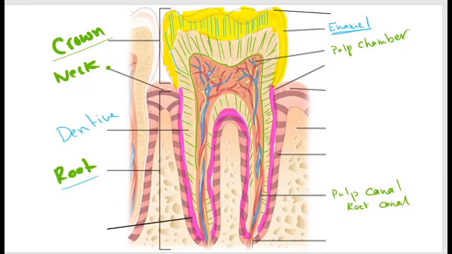So the pulp chamber is the part of the pulp that is found in the crown part. We know that this is the crown, and the pulp chamber is the part of the pulp found in the crown. The pulp canal or the root canal is the part of the pulp that is found in the root area of the tooth.